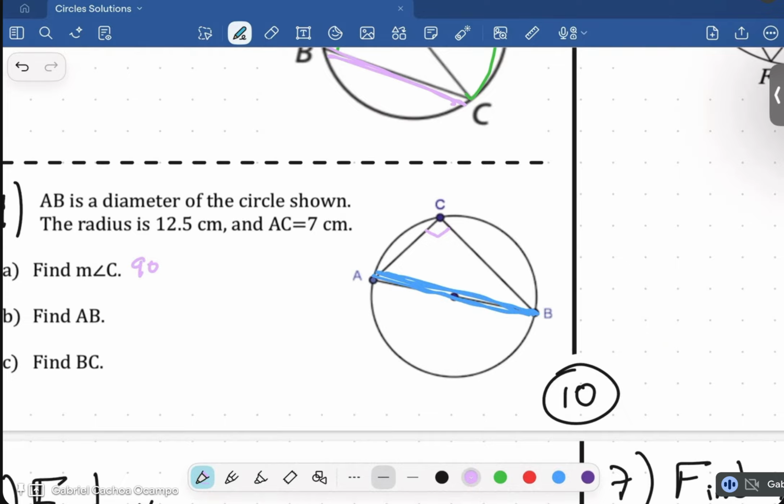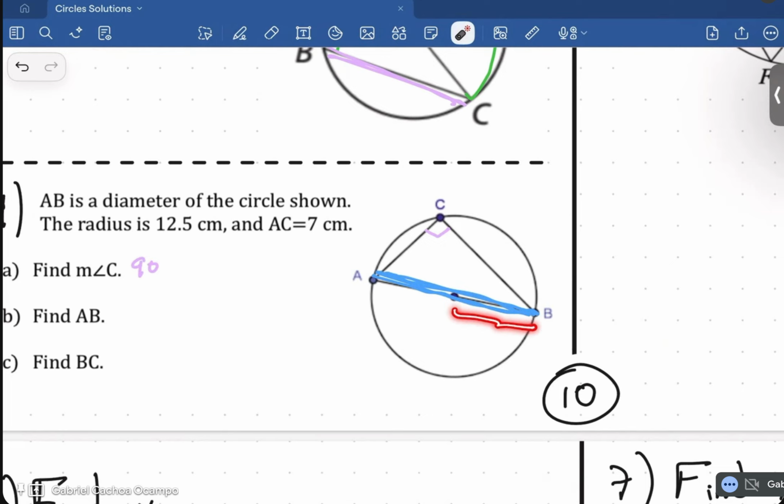Okay, and they are giving me, this is another problem about right triangles. They are telling me that the radius is 12.5. So this measures 12.5.